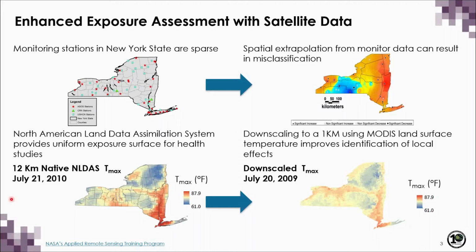We further downscaled this data to a 1-kilometer grid, and this is the last map here at the bottom. The downscaling was done using MODIS land surface temperatures, and I'll provide further details on this. So you can see that there is a vast difference in where we were before as compared to the information that we're gleaning from the satellite data.